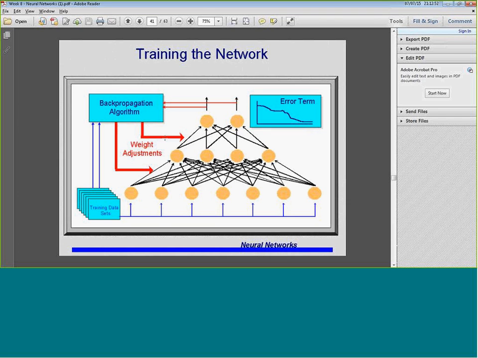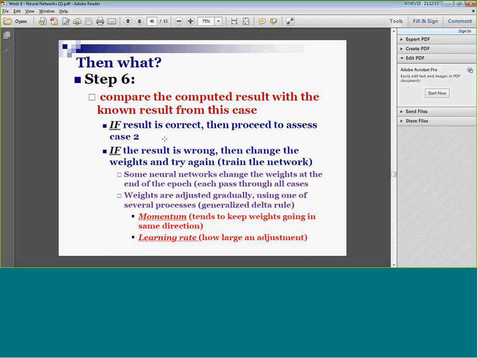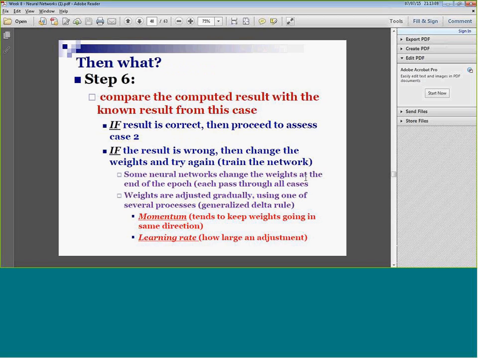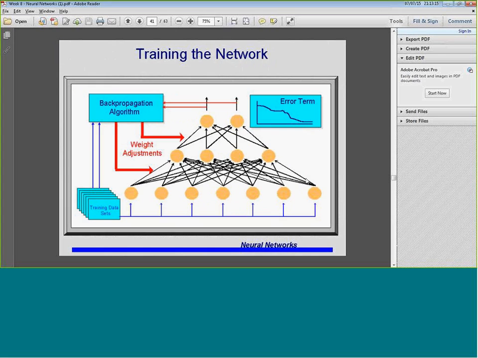But it will keep doing these weight adjustments because, remember, once in a while, if it does enough weight adjustments, this number, suppose this was wrong, the person didn't graduate, you keep changing those weights, eventually this number is going to come out to be less than this number, and we'll say we got that case right. And we keep those weights and try to get the next case right. As long as we get the cases right, we keep the weights the same. And when we get the cases wrong, we change the weights and start over.